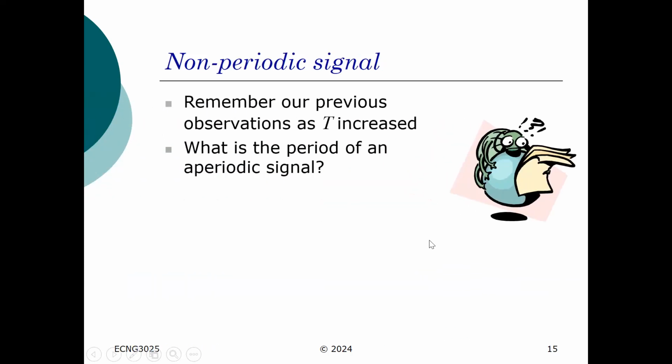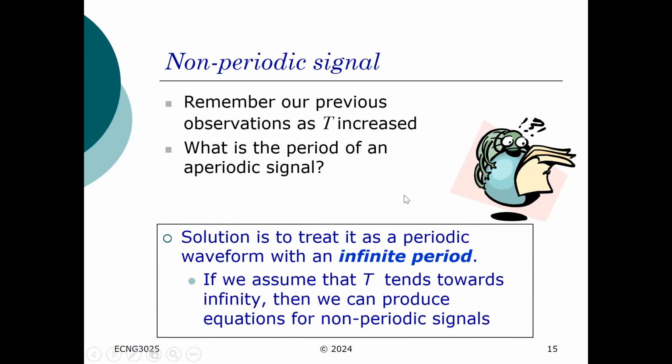Well, remember what we did is that we took the approach that a non-periodic waveform is one where the period is so big that it basically doesn't repeat itself. So we take a periodic signal and we stretch the period so big that the period is infinite.